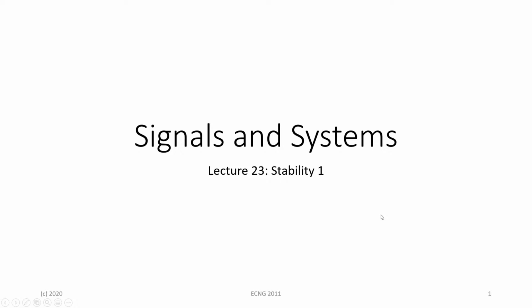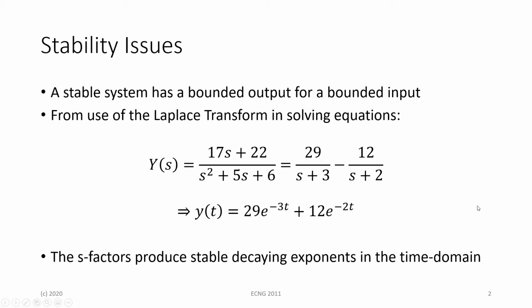Alright, so let's start this lecture. In general, a stable system basically means that for every bounded input you have for that system, there must be a bounded output. In particular, that means that the Laplace transform and the inverse Laplace transform of that equation must exist.